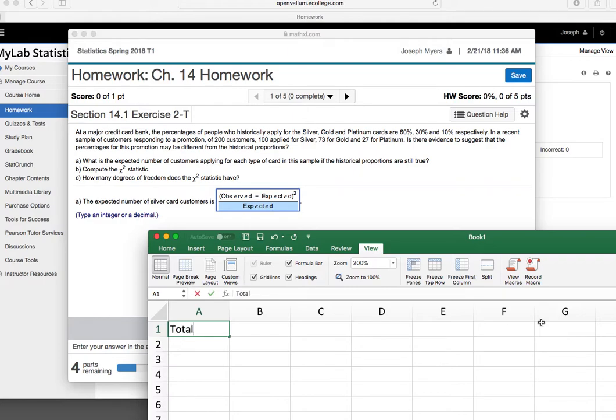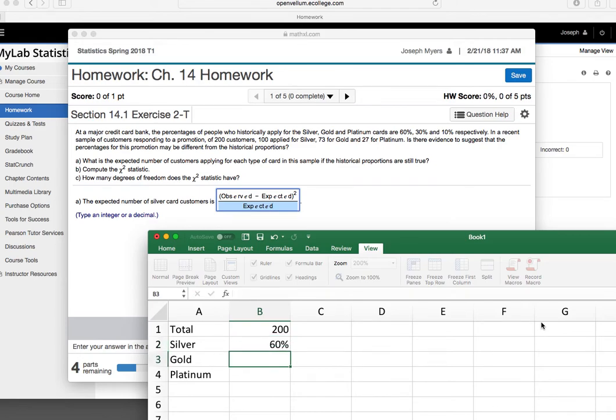So the total equals 200, right? And the silver, gold, and platinum customers are equal to, how many people are silver customers?